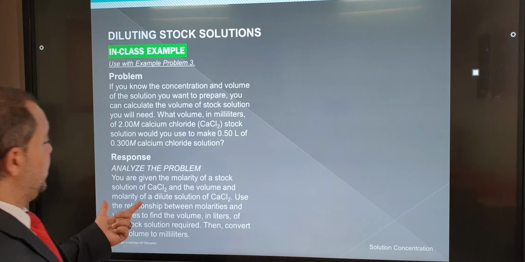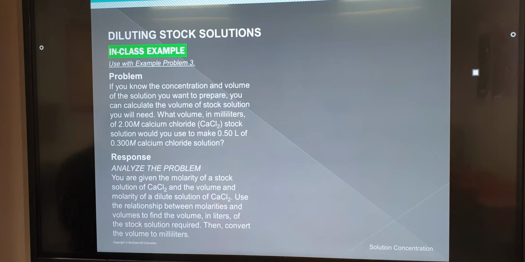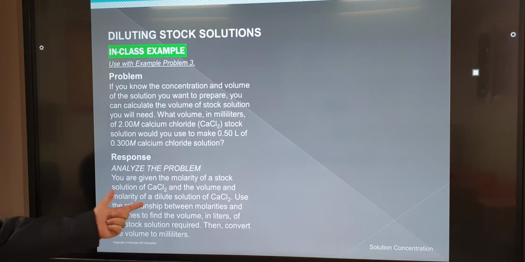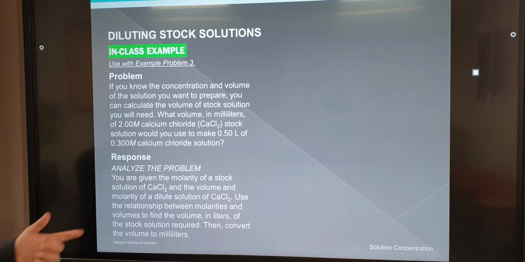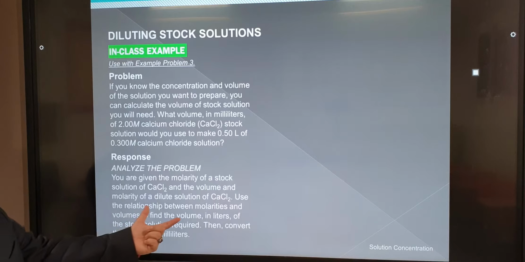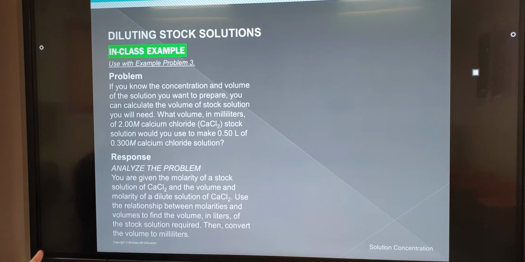First, you are given the molarity of the stock solution of CaCl2, and the volume and molarity of a dilute solution of CaCl2. Use the relationship between molarities and volumes to find the volume in liters of stock solution required. Then convert the volume to milliliters.